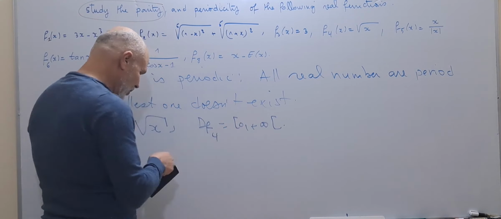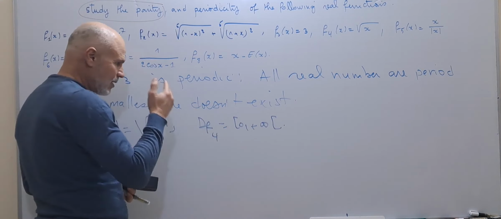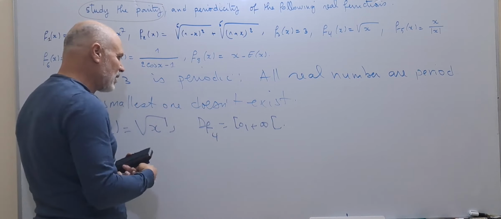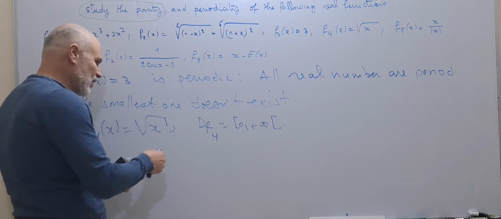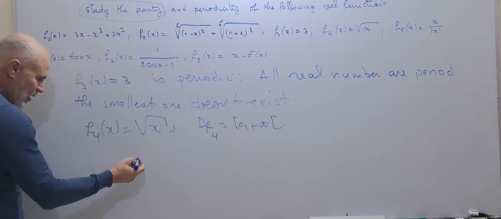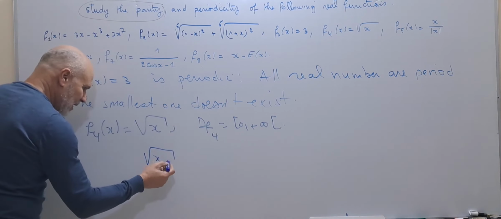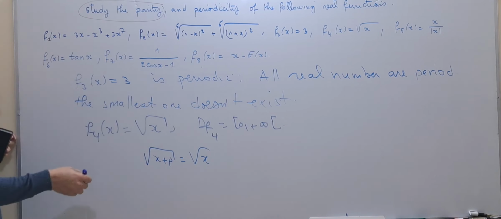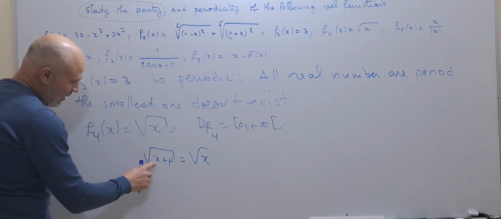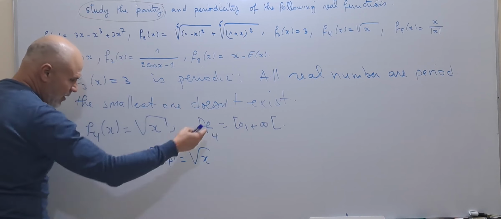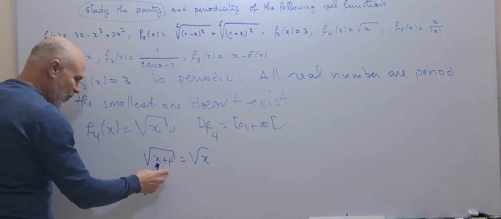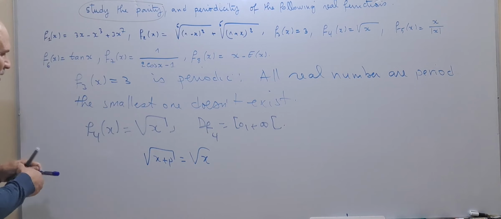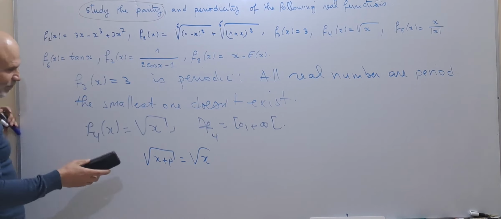If we take a period here, if we take 0 minus the period, it cannot be true. And second, we suppose that we have a period such that the square root of x plus p equals the square root of x. We take the power 2, we get x plus p equal to x. We cancel x with x and we get p equal to 0. p equal to 0 isn't allowed.